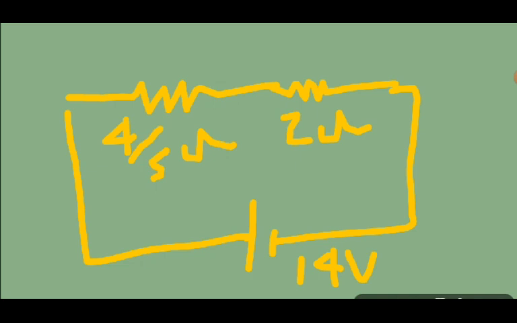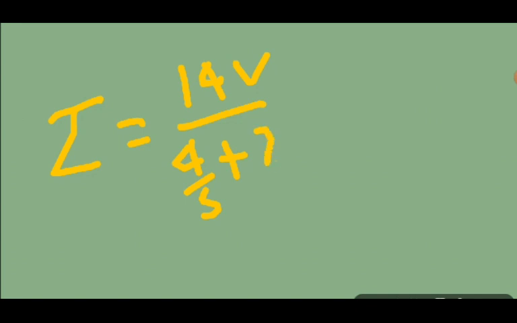Okay, so let's find the current. Current is equal to voltage, which is 40 volts, divided by 4 over 5 ohm plus 2 ohm, because we need to find the total resistance. So 0.8 plus 2 is 2.8.